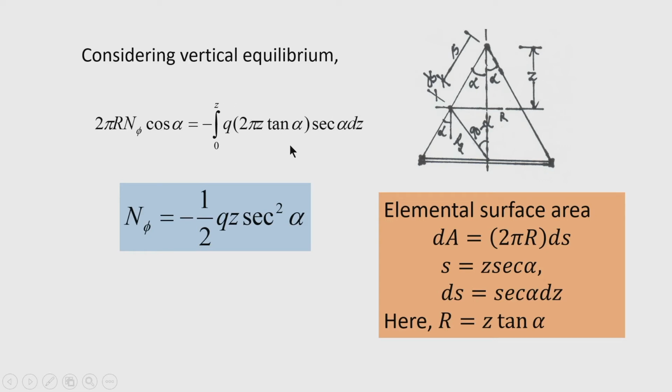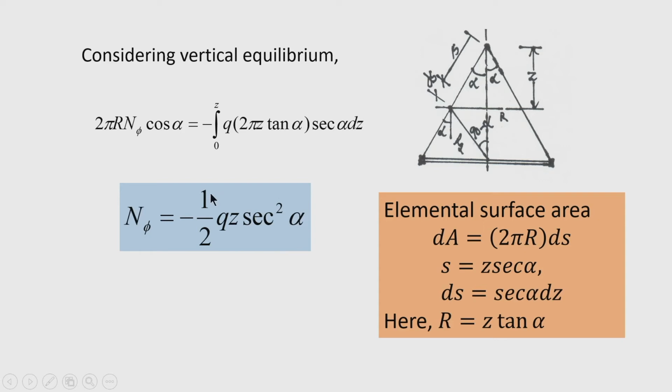The surface area is now calculated from 0 to z. Earlier we calculated from z 1 to z 2, any other level. Now the lower limit is taken as 0 and the upper limit is z. After integrating this expression and simplifying, it becomes n phi equal to minus 1 by 2 q into z secant square alpha. So, this is the expression for n phi.